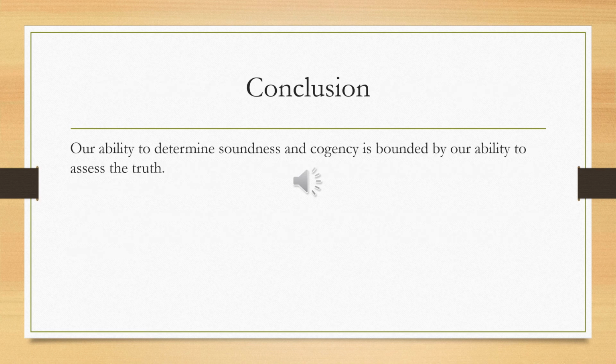So in conclusion, determining soundness and cogency is constrained by our limitations, by our inability in at least a few cases to assess the truth. To the extent we can, that's good. We can assess whether an argument is sound or cogent. However, sometimes a question lies beyond this ability.